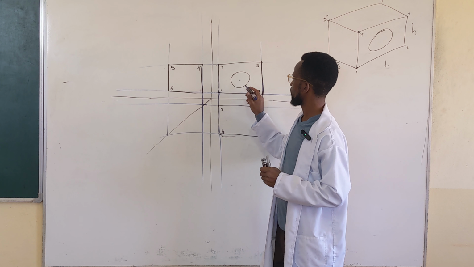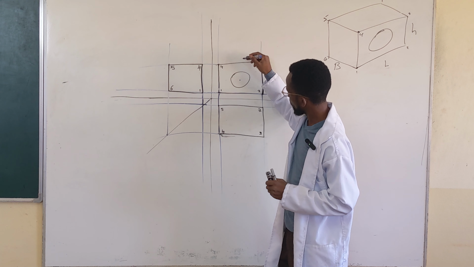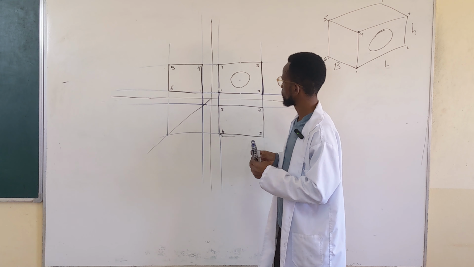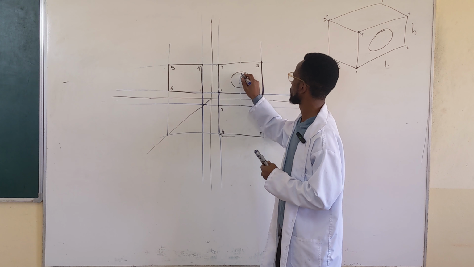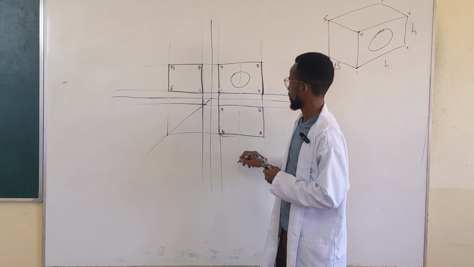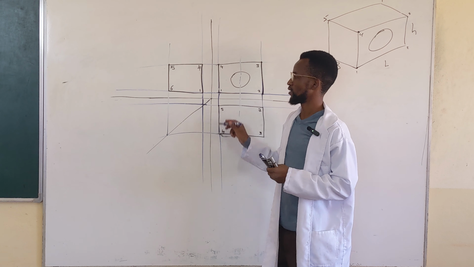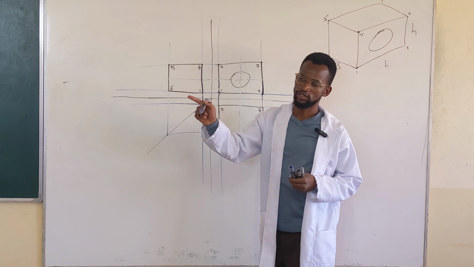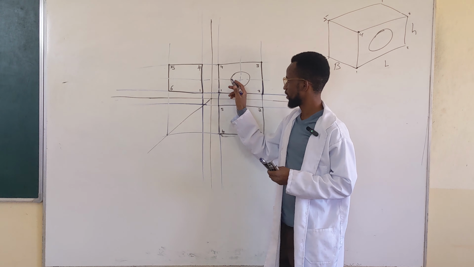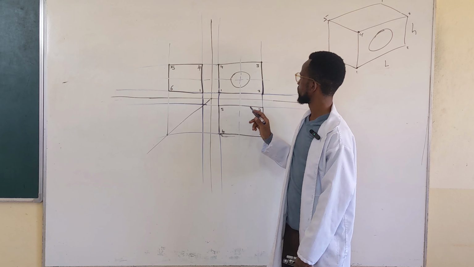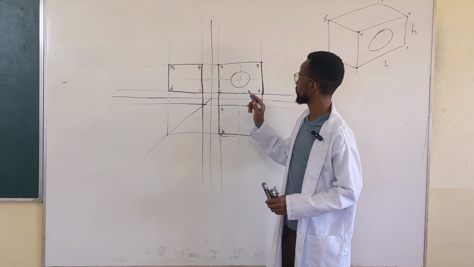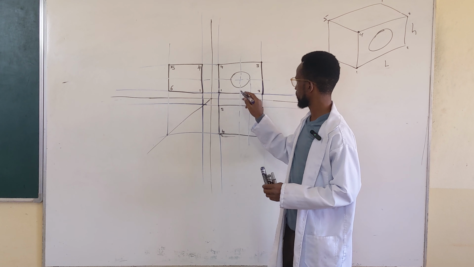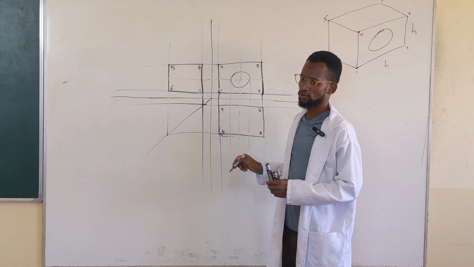First of all, it has a center, so this center line has to be projected. Even this side has to be projected, and these points here, because these are the ones that will give you the hidden lines.